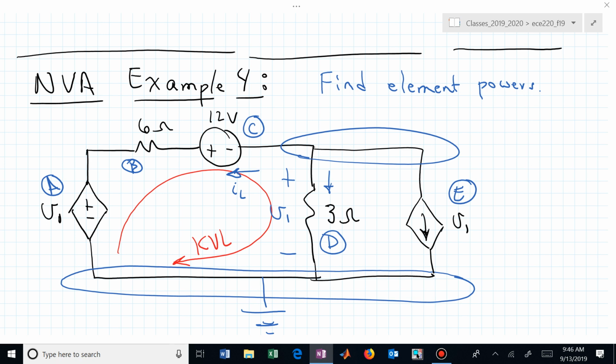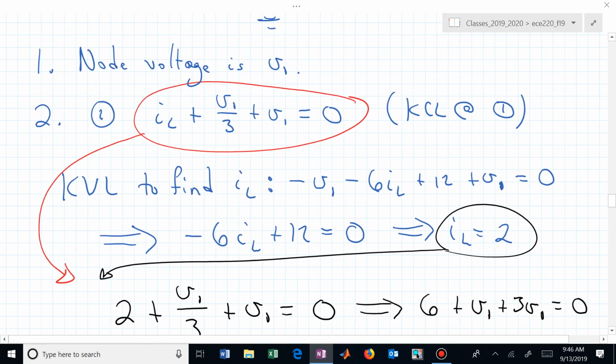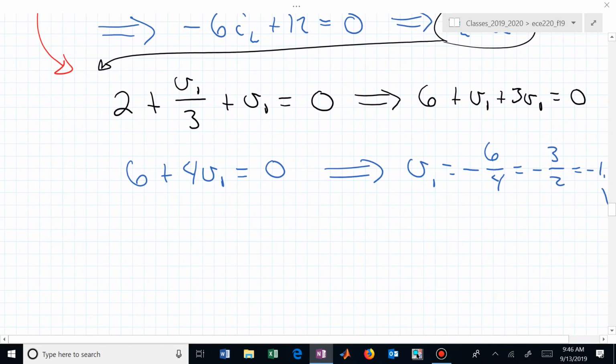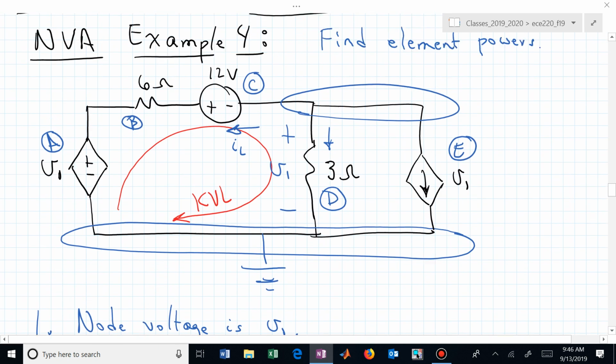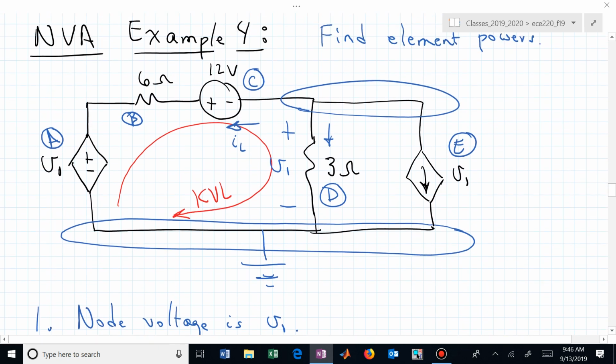The power of A. What is the power of A using or applying the passive sign convention? And let's use I sub L, since it's there and we have it.